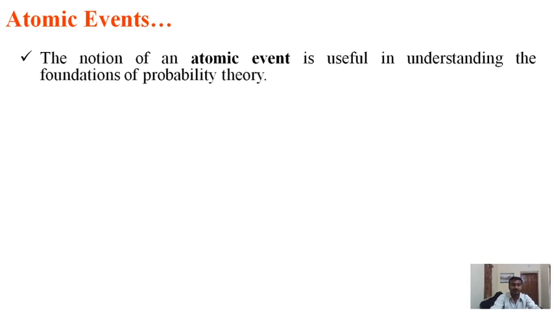Then the second point is atomic events. Atomic means individual events. The notion of an atomic event is useful in understanding the foundation of probability theory. The basic foundation of probability theory is laid by these atomic events.